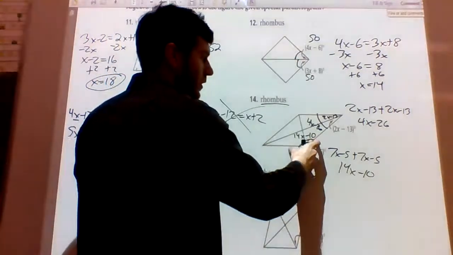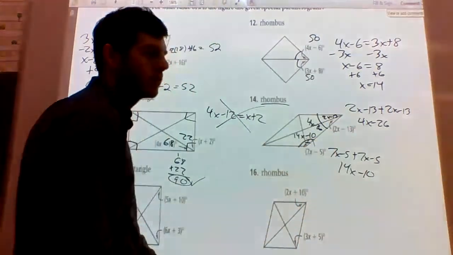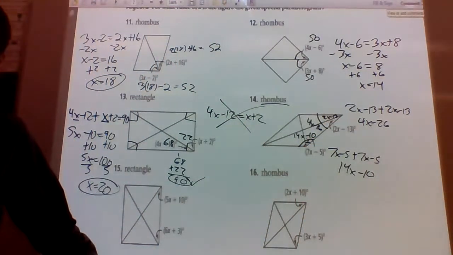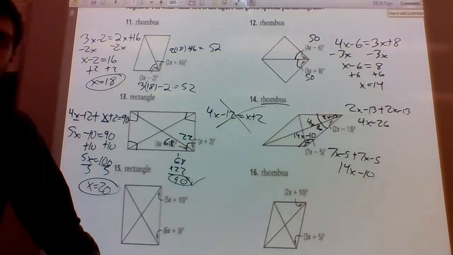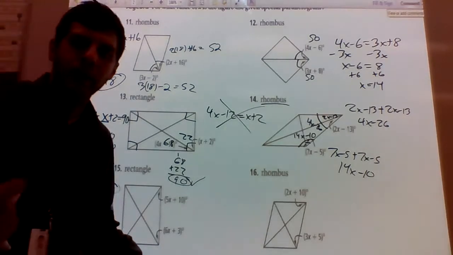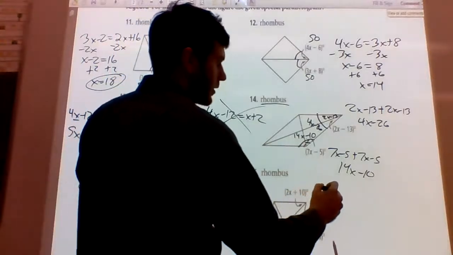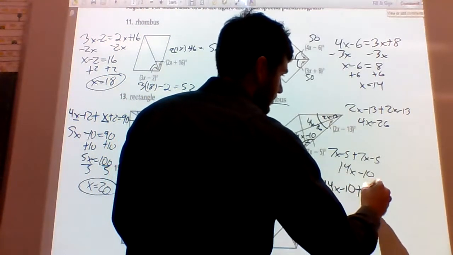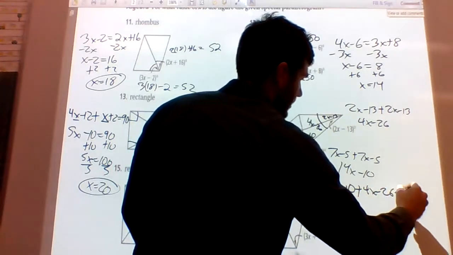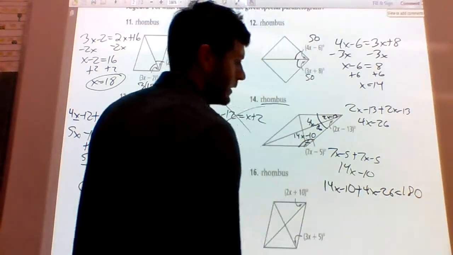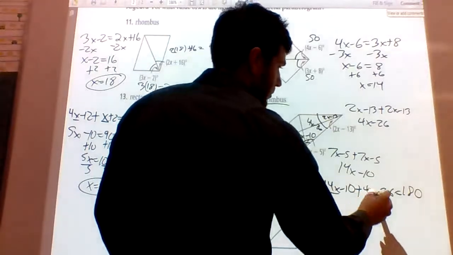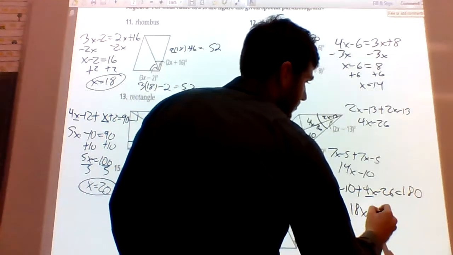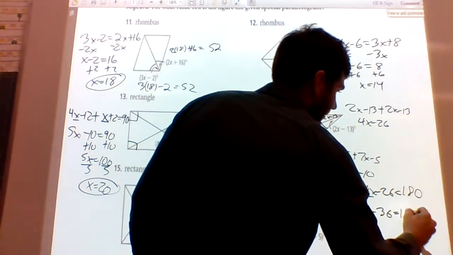And again, since it's a parallelogram, consecutive angles are supplementary. So those 2 large angles are going to add up to 180. So we're going to have 14x minus 10 plus 4x minus 26 equals 180. Combine like terms, we have 18x minus 36 equals 180.